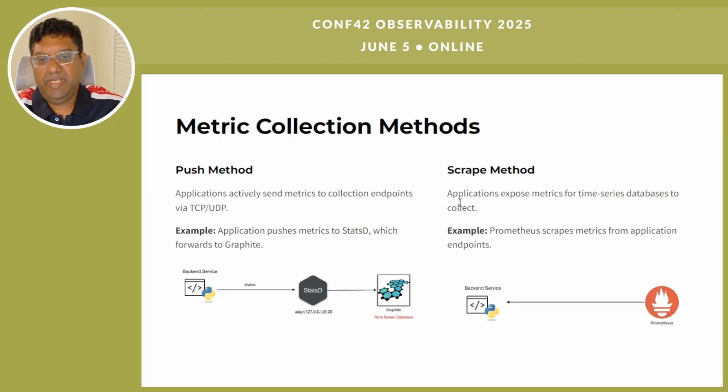The scrape method is where applications expose metrics for collectors. Basically, applications won't push the data. Instead, the collection services, the data collectors, pull the data from the applications. Here in this example, Prometheus is scraping the metrics from this application. So basically, we can say it's pulling the data from the backend service.